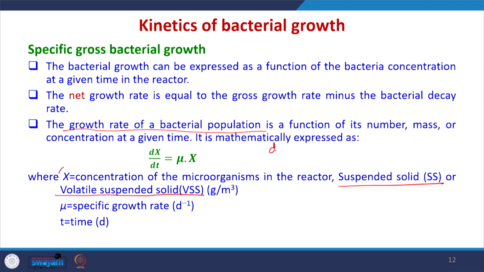So, if this is X, the growth rate of X, that means dX/dt, will be proportional to the concentration itself, and the proportionality constant is called the specific growth rate, where t is the time in days or any other appropriate unit.